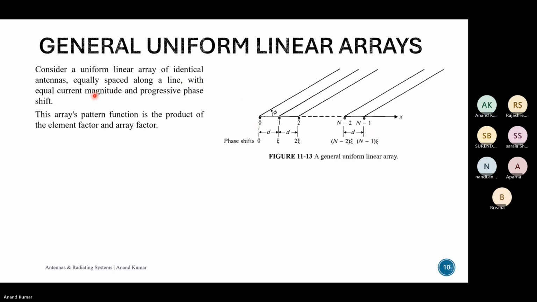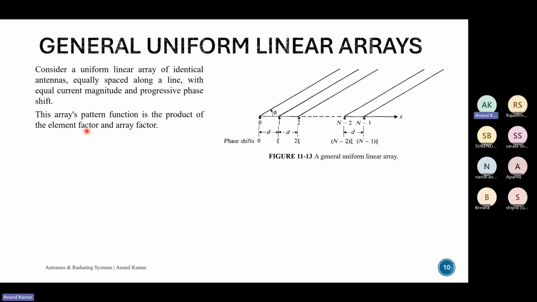Right now we are keeping them identical, equally spaced with equal current magnitude and a progressive phase shift. What we can later see is that we can change the magnitude of the current in different elements to achieve better performance in the radiation pattern, to reduce the side lobe levels. We'll see that later in the class.